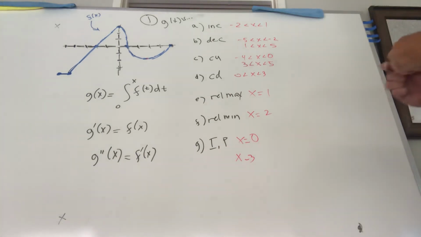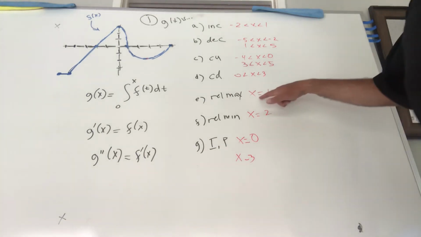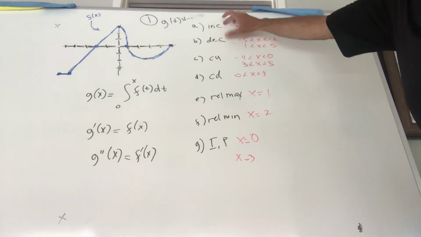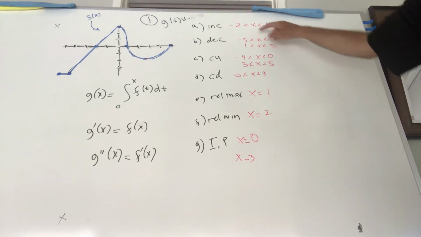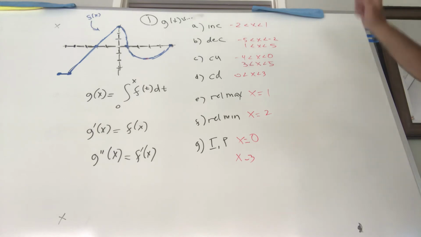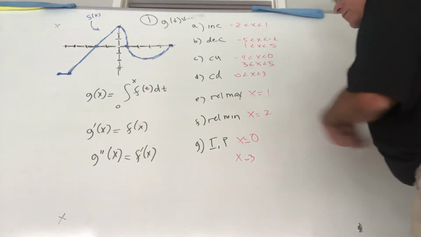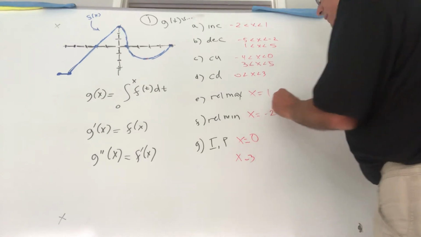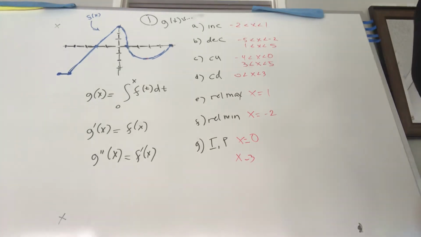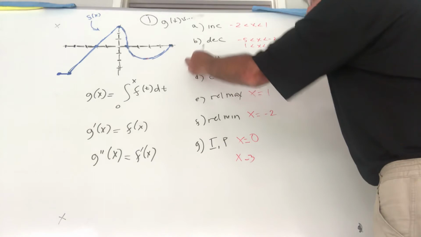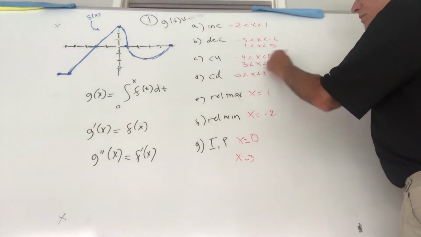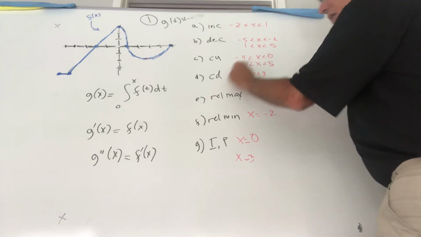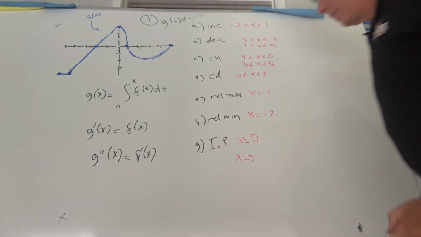And of course, you'll see the 1 appear here when you look at increasing to decreasing, and the -2. And then the inflection points will show up with the concavity, right? The 0 and the 3 will show up here. Obviously, you've got the 5. Now, the reason that's not -5 is because of the straight line there.